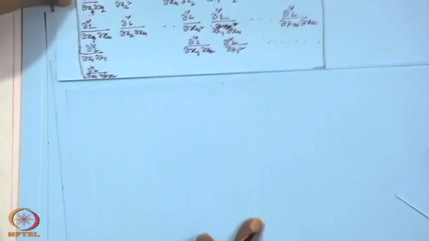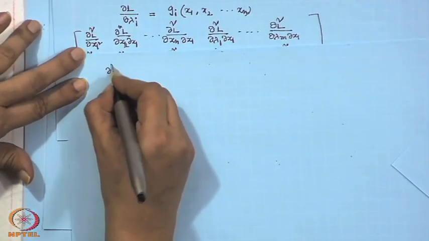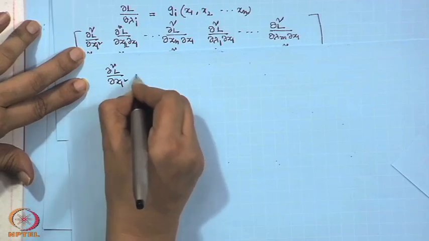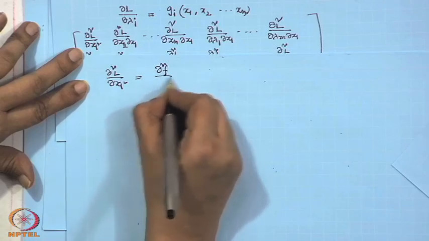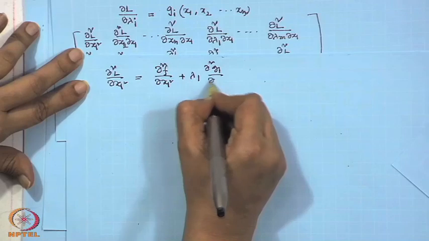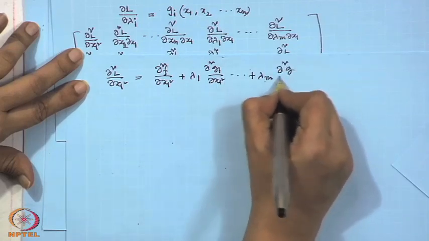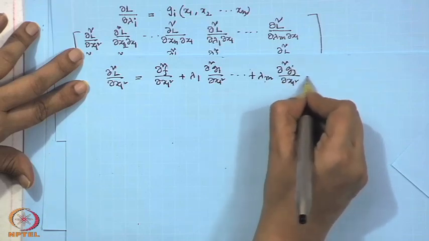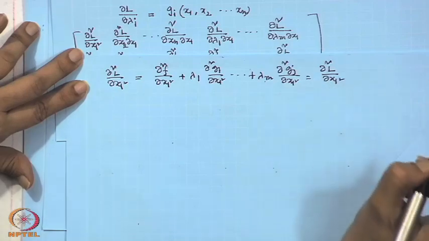If we see the values here, they would be like this. What is del 2L by del x1 square? From the given equation, it would be del 2f by del x1 square plus lambda 1 del 2g1 by del x1 square, and in this way up to lambda m del 2gm by del x1 square, which is equal to del 2L by del x1 square.